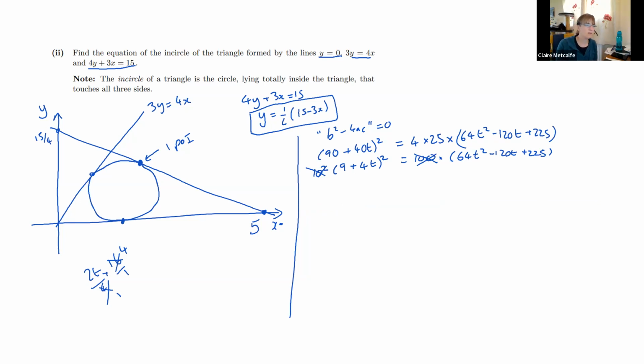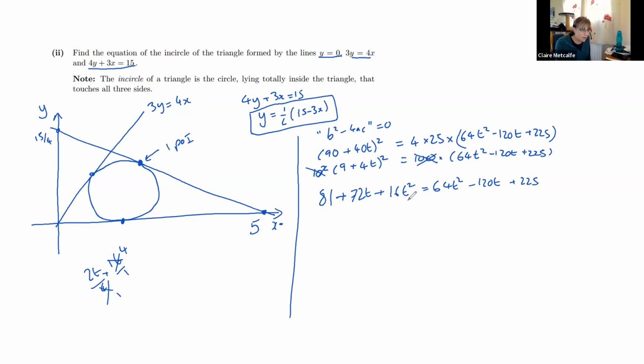Okay, so let's try doing the next bit. This is 81. 4 times 9 is 36, but we need to double it. So 72t plus 16t squared is equal to 64t squared minus 120t plus 225.